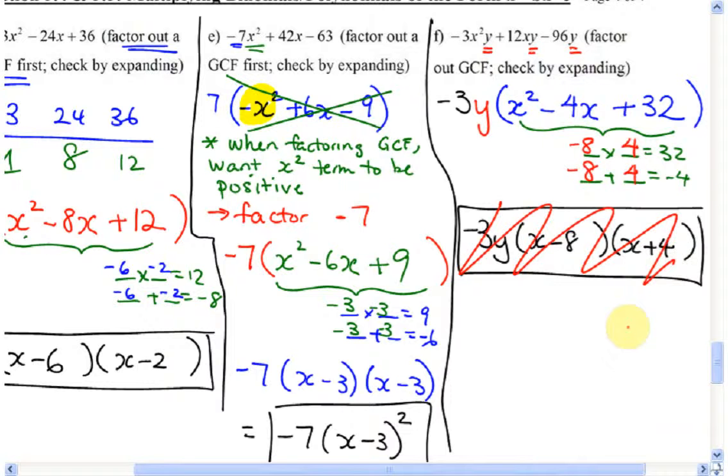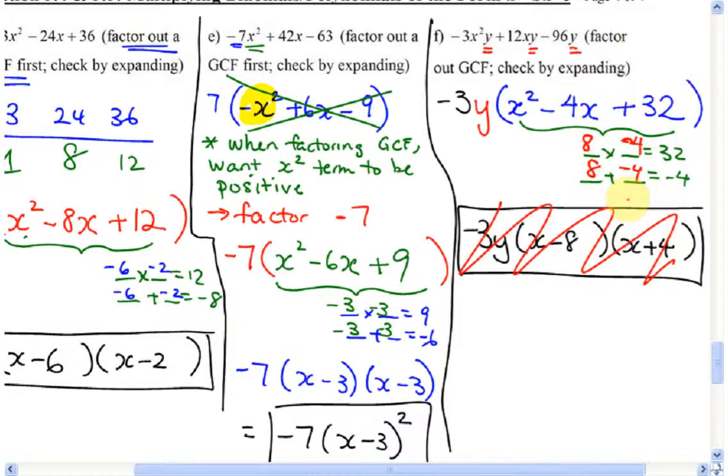Erase or cross out. So what is the right combination? What times what gives you 32 and those same things add to negative 4? Anyone have an idea? 8 and negative 4. Let's see if that works.